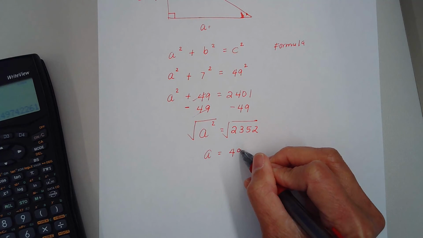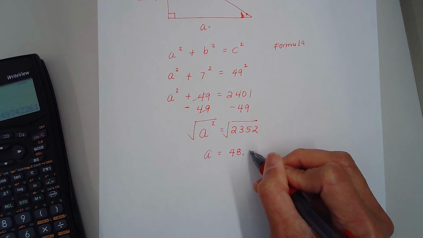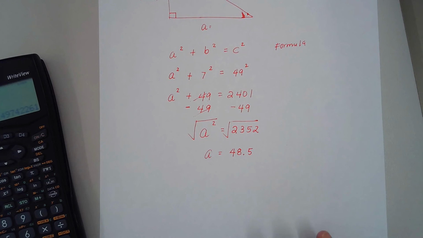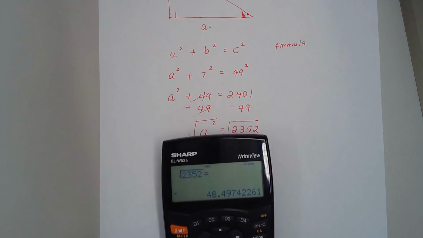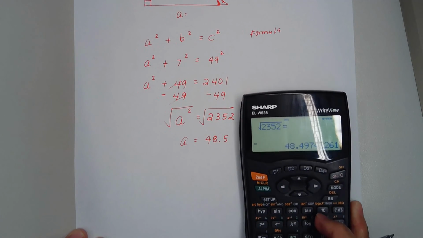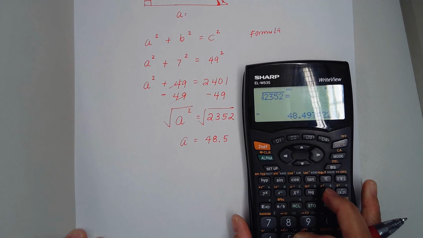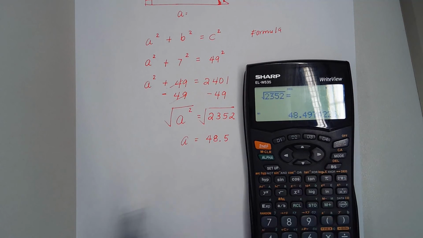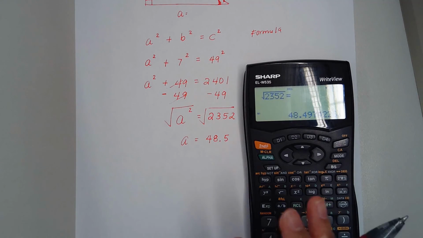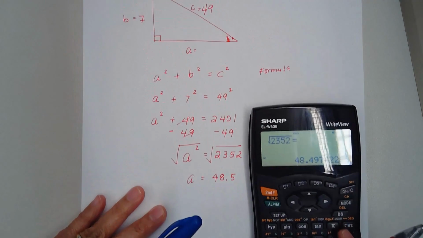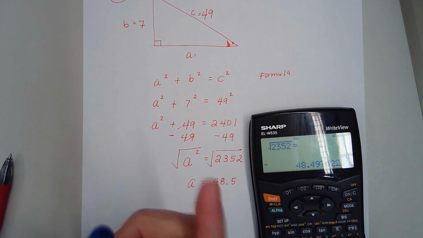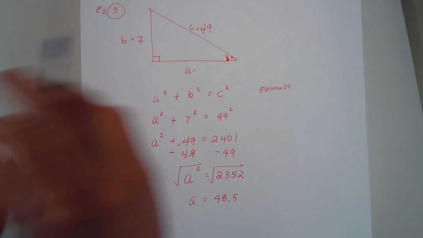Okay, I got 48.49, and if I round it off to 1 decimal place, 48.5. So this is 48.5. Does that answer seem reasonable?